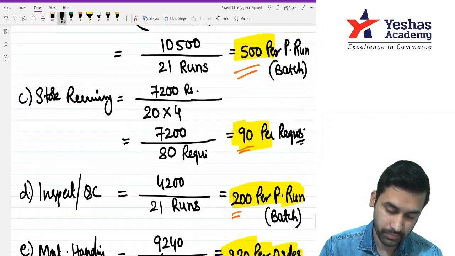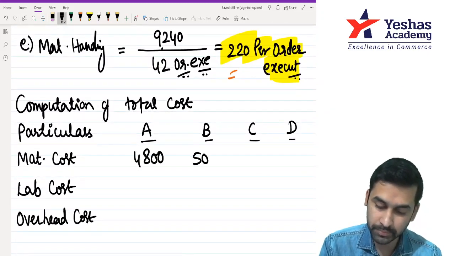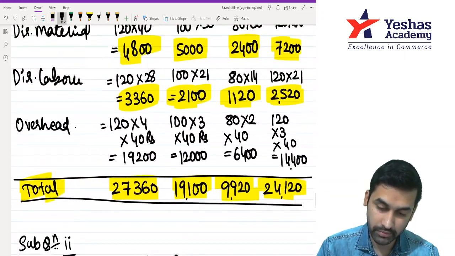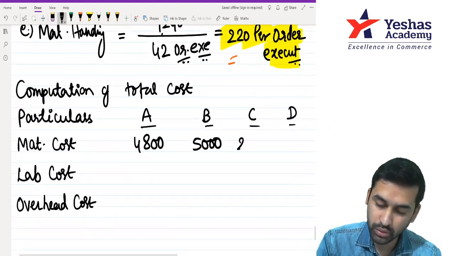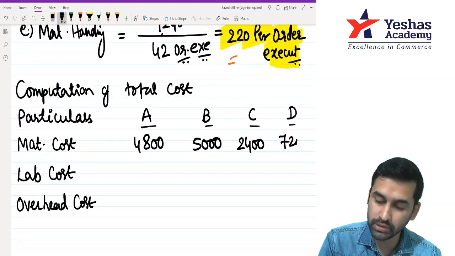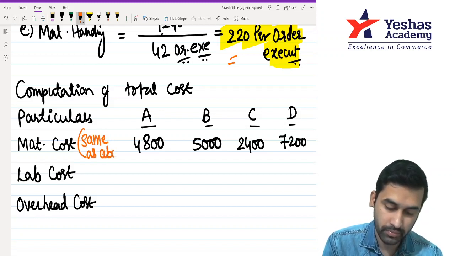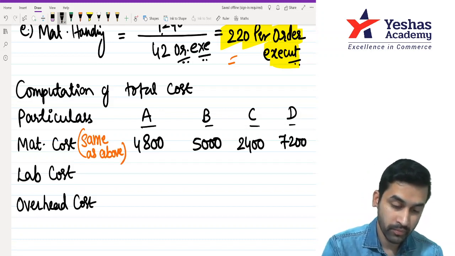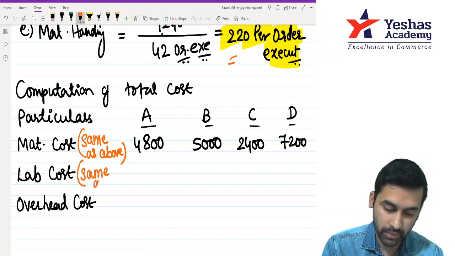4800, 5000, correct? And 2400, 7200. In bracket you can write here same as above. Labor also same as above.